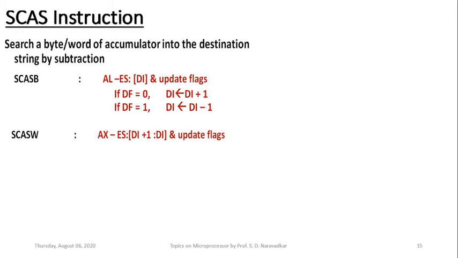And then again update flags, especially the zero flag. So here the searching of a particular word will be done with two subsequent locations each within that destination string, until we find that particular word within the destination string at a certain offset location.